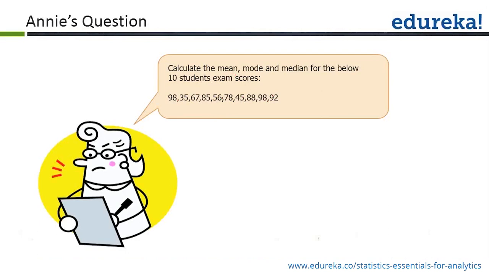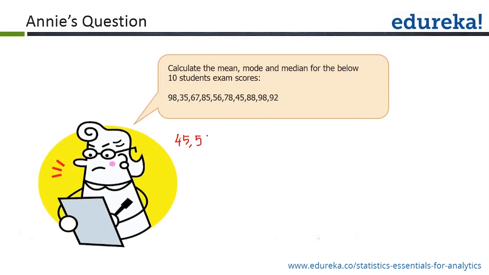And coming to median, you have to arrange these numbers. In this case, 45 is the smallest, then 46. So you arrange the numbers like, first you put 45, and then you put, say, 56.